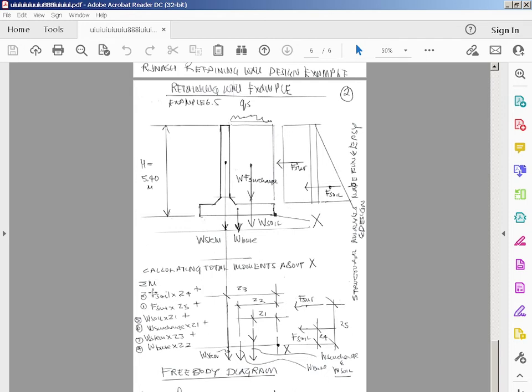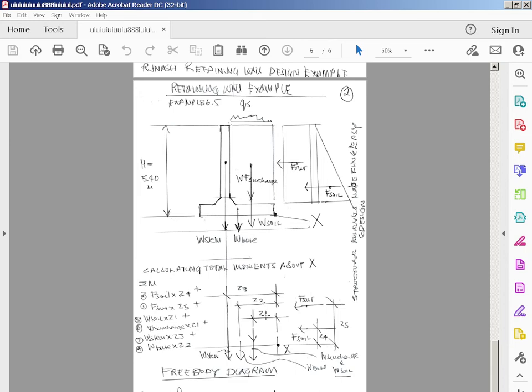So the total moments is F soil times Z4 plus F surcharge times Z5 plus weight of soil times Z1, weight of surcharge times Z1, weight of stem times Z3 plus weight of base times Z2. And I can say that Z4 equals 5.4 over 3, which was 1.8, Z5 is H over 2, which is 2.7, isn't it?